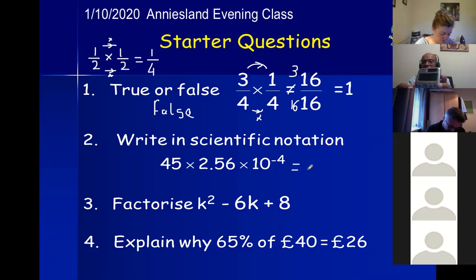You use that minus sign and just 4. There is another way of doing this, but you would need to do the x with a wee square instead of that 10, but that's the easiest way to do it. That's the old way of using your multiply 10 to the power of x.